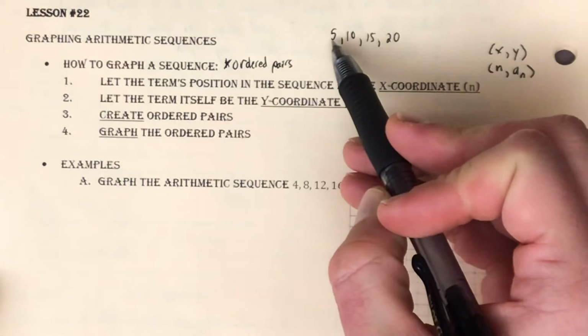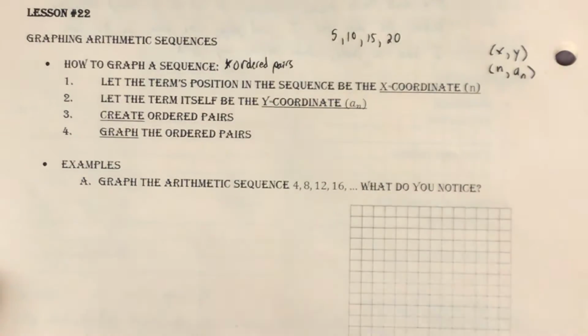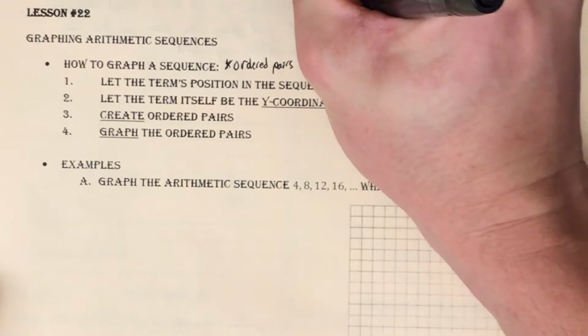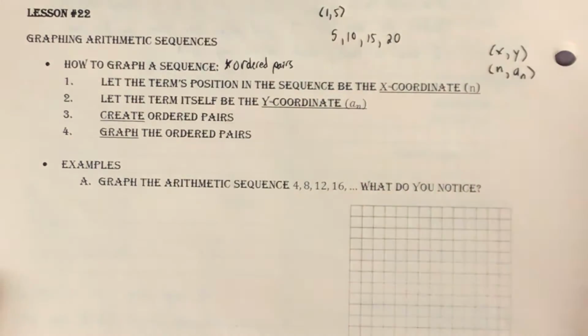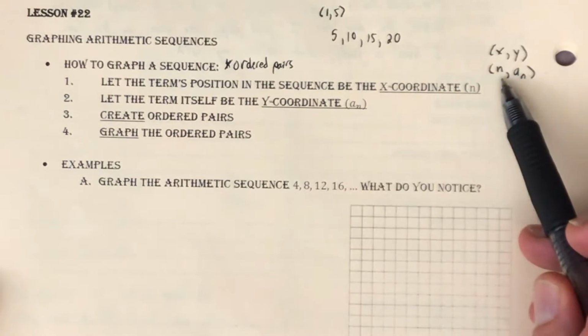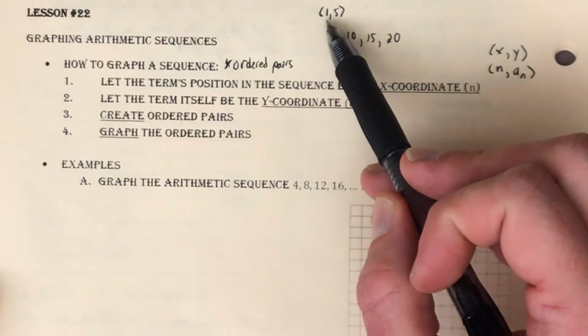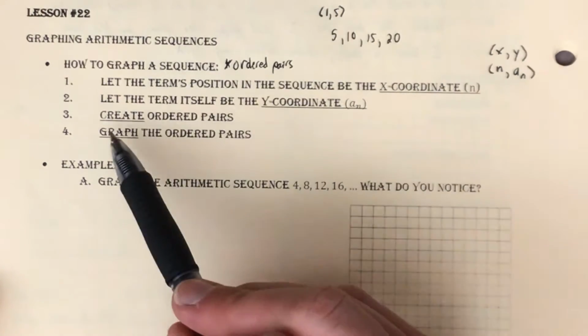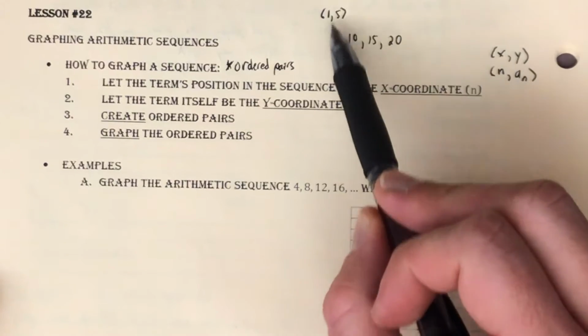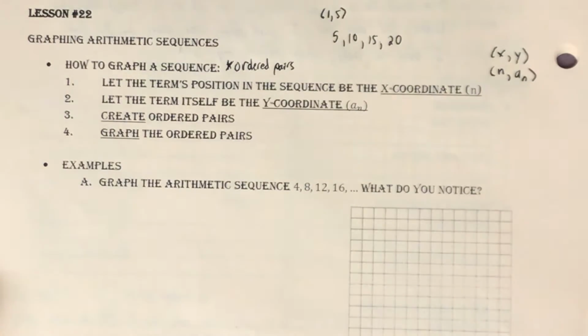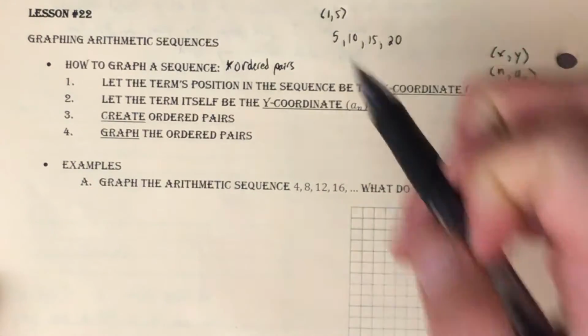So this one right here, 5, would be an ordered pair of 1, 5. The x-coordinate, or the n, is 1, that's the position in the sequence. The term itself is 5, so that would be the y-coordinate, or the a of n. So that's how we determine the ordered pairs.